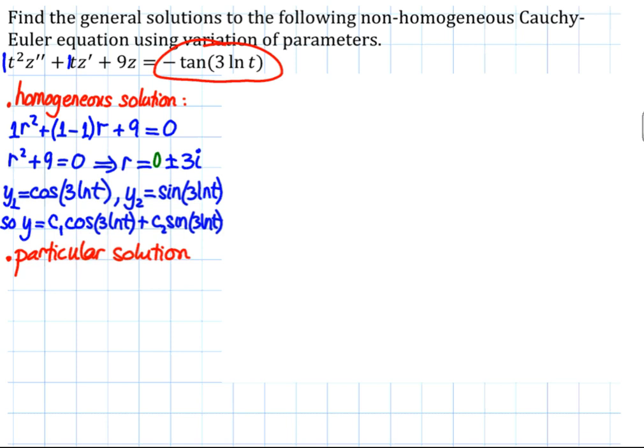The particular solution will be in the form of variation of parameters, v1 y1 plus v2 y2. y1 and y2 come from the homogeneous equation, and v1 and v2 are to be determined. That can be found from a system of equations: y1 v1 prime plus y2 v2 prime, and y1 prime v1 prime plus y2 prime v2 prime.